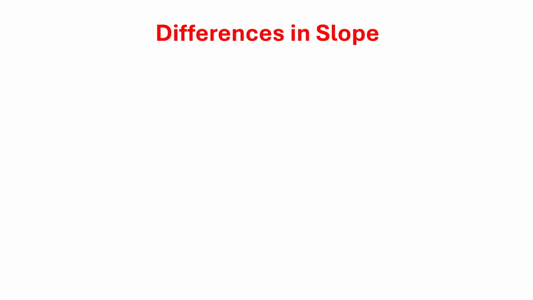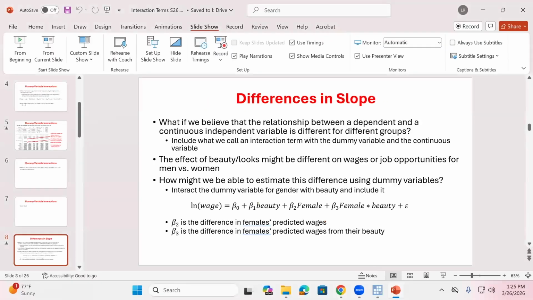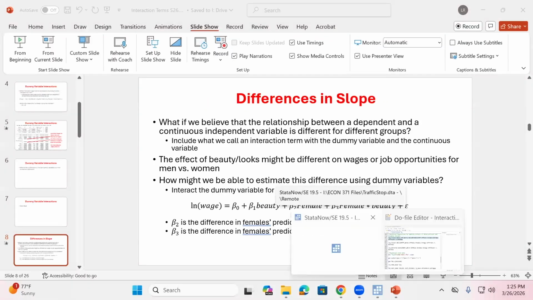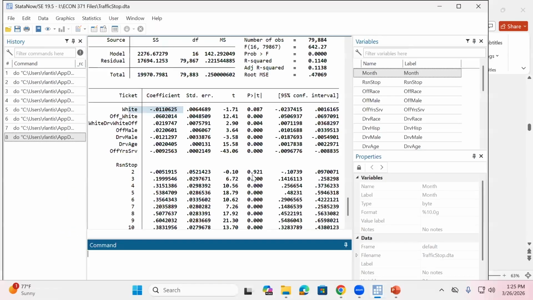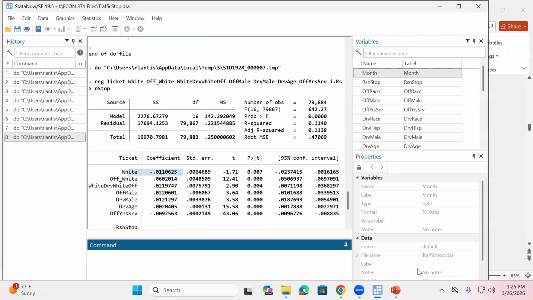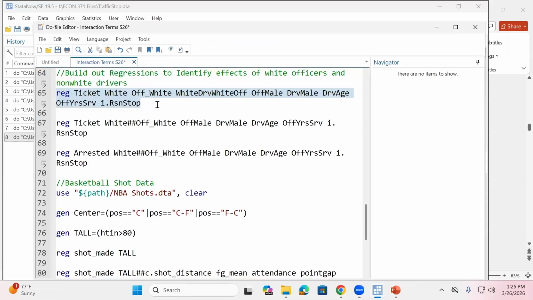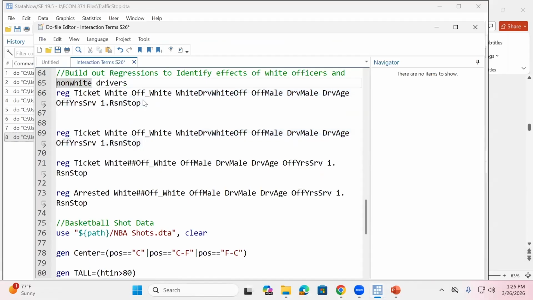If that didn't exist, what would our first one be? Could that also account for a non-white officer? So if we don't include the interaction term, I didn't run that regression, did I? So I can show you what that looks like. So we'll copy this.